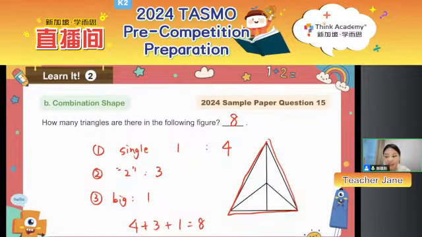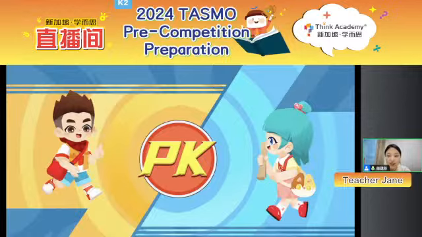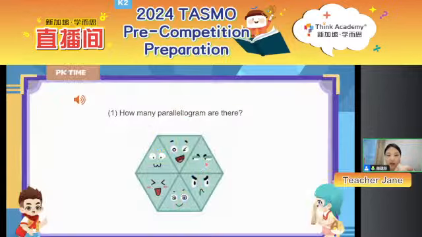And then everyone, this time let's do a pick a game time. Everyone, let's see. How many parallelograms are there? How about this question? Just now we saw this picture already, right? Then how many parallelograms are there? This question is not on your paper, so you can just directly look on the screen, okay? How many parallelograms?